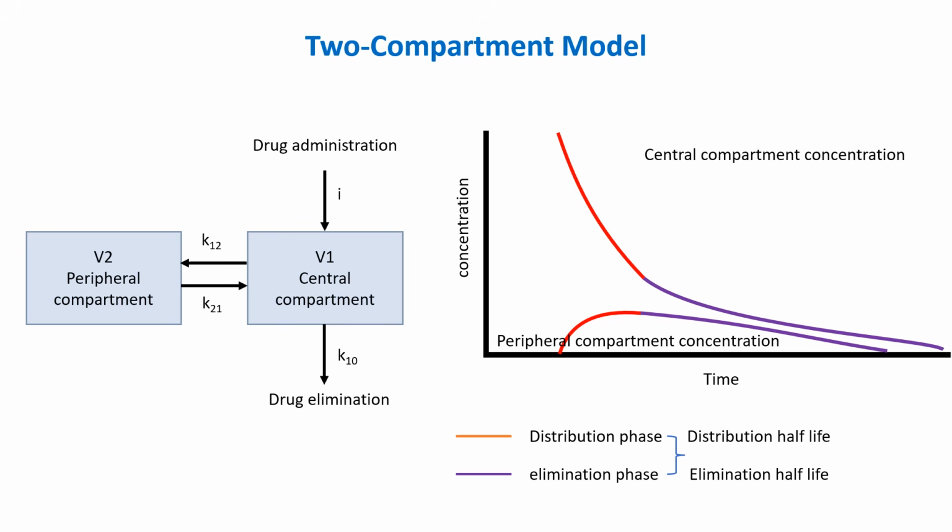These two phases have clinical implications. For example, a highly lipophilic drug is easily distributed from the bloodstream and stored in the body fats. Such drugs initially exhibit a short half-life during distribution phase, but a much longer half-life during elimination phase due to the slow release from the fat stores in the peripheral compartment.